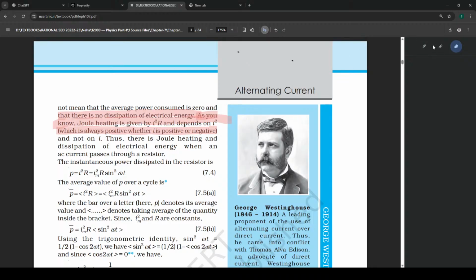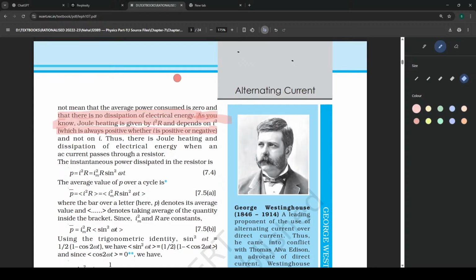In a logical sense, no matter if the current is going in the forward or backward direction, it is going through the wire and passing through some resistance, due to which there will be some loss of energy, dissipated as heat. Whether it's going forward or backward, it's still moving.